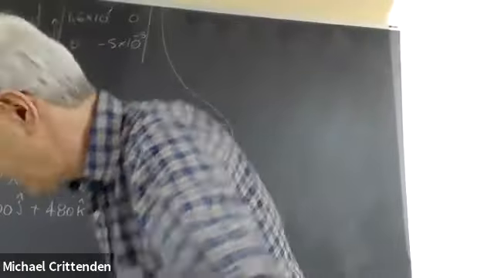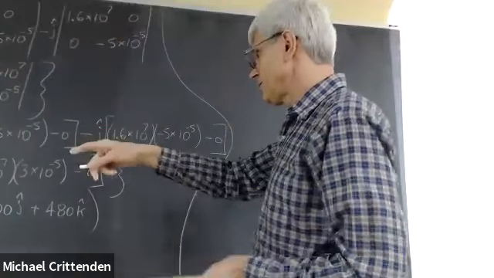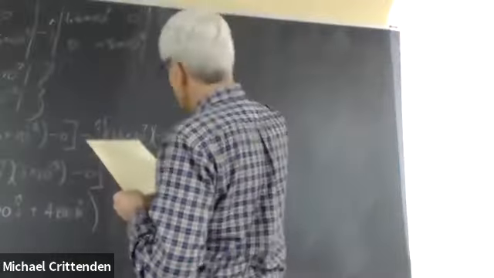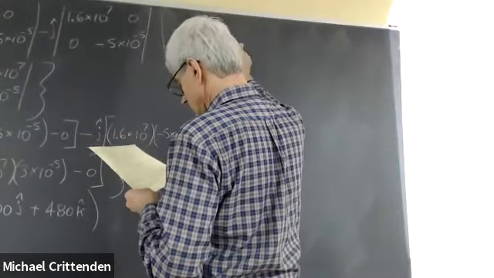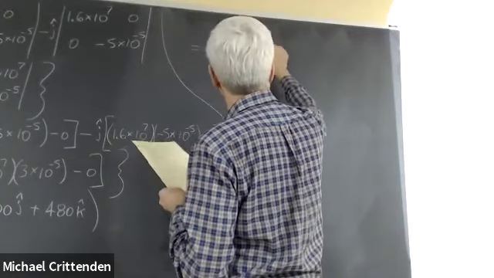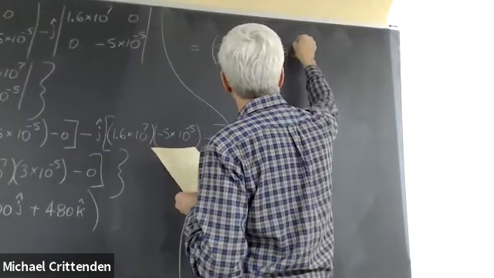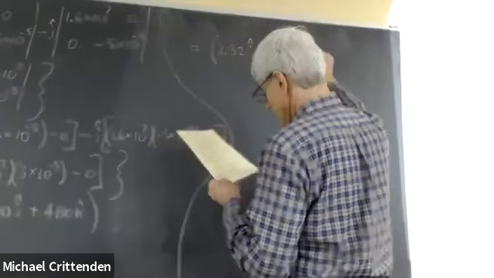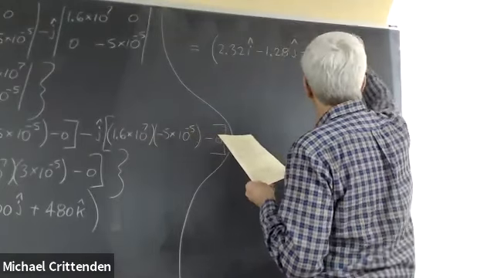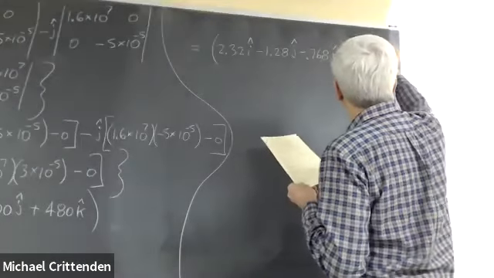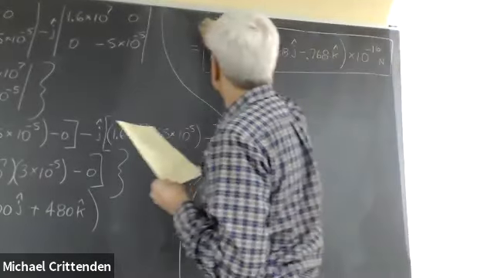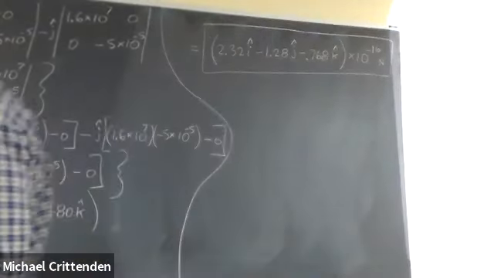And I'm just about done. You distribute the negative 1.6 times 10 to the negative 19. And of course, half a point off if you don't label the unit.